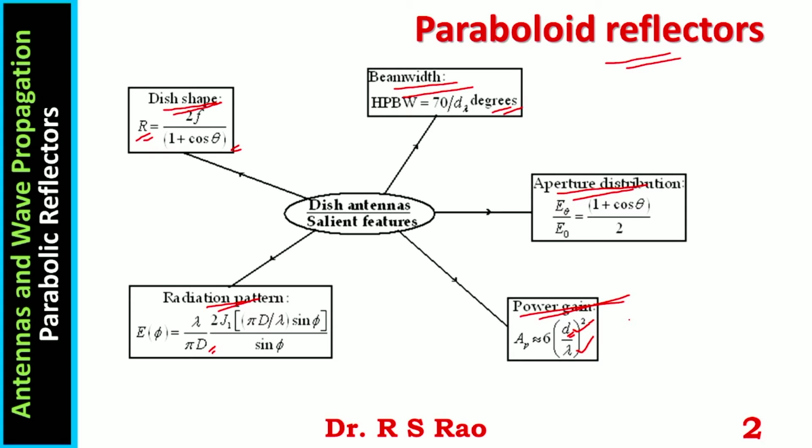Both denote the same thing, that is aperture diameter. J1 is the first order Bessel function. Phi is the azimuthal angle. So this particular slide gives the salient features of dish antennas.